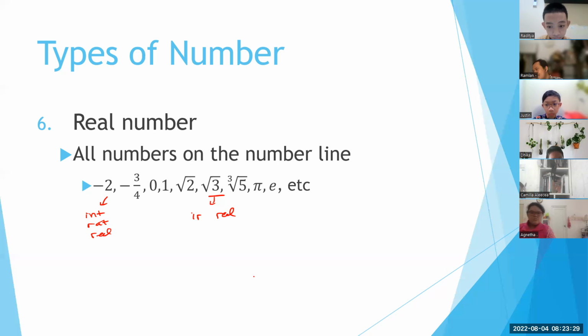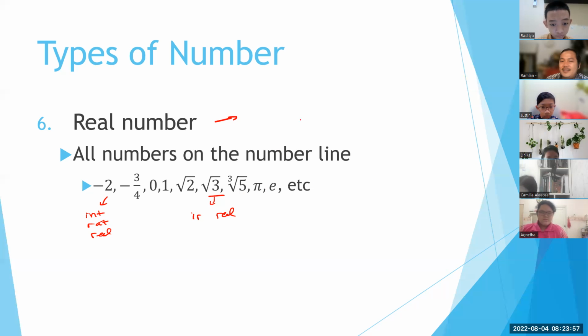If rational's opposite is irrational, masuk akal, tidak masuk akal, what is the opposite of real number? Nomor KW, Pak. Yes, actually that's a pretty interesting answer. Actually, yes, we have the opposite of real number.